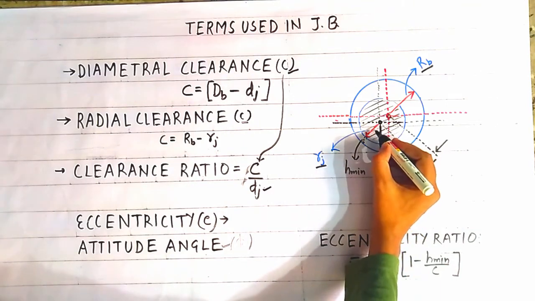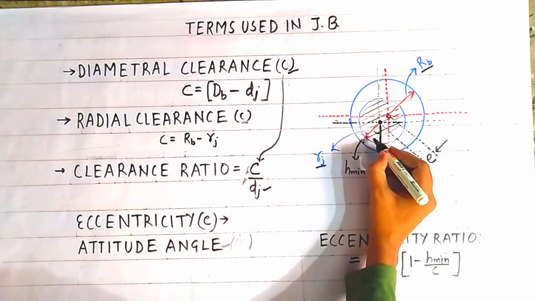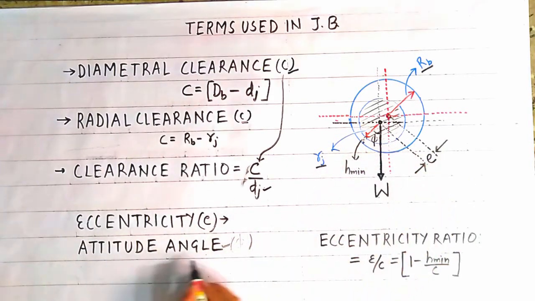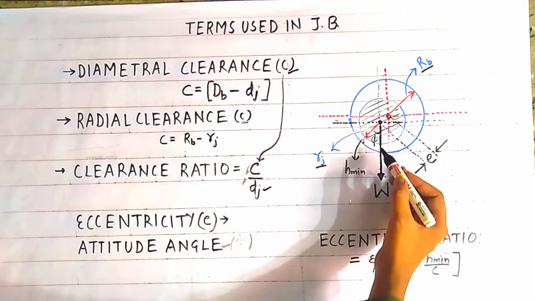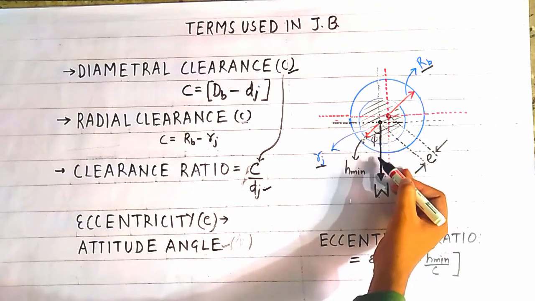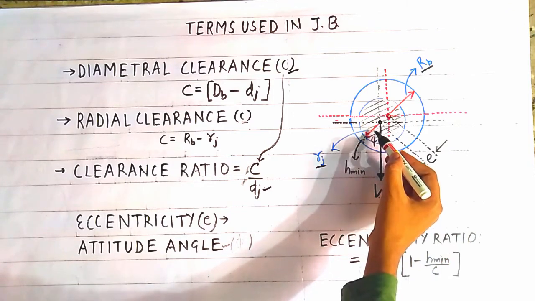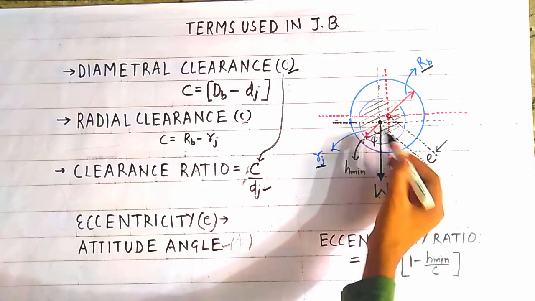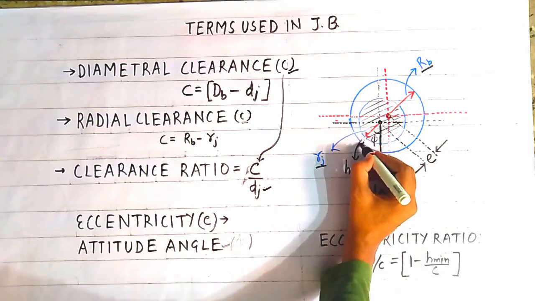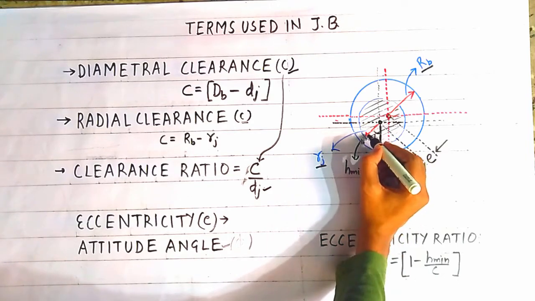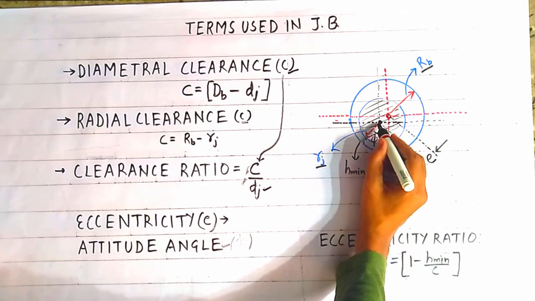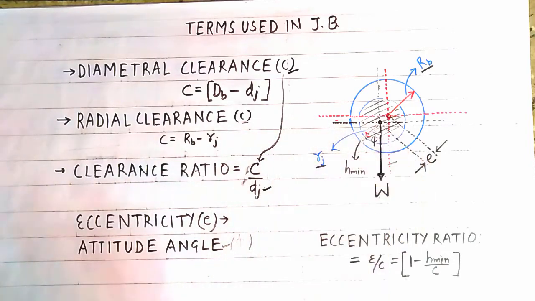So if the minimum fluid film thickness is lying somewhere here at an angle phi, then phi is the attitude angle, because the angle phi is measured with respect to the direction of the load, up to the point where the minimum fluid film thickness is lying. I am extending this line from the minimum fluid film thickness and joining it with the center. So the attitude angle will be from this line to this line.